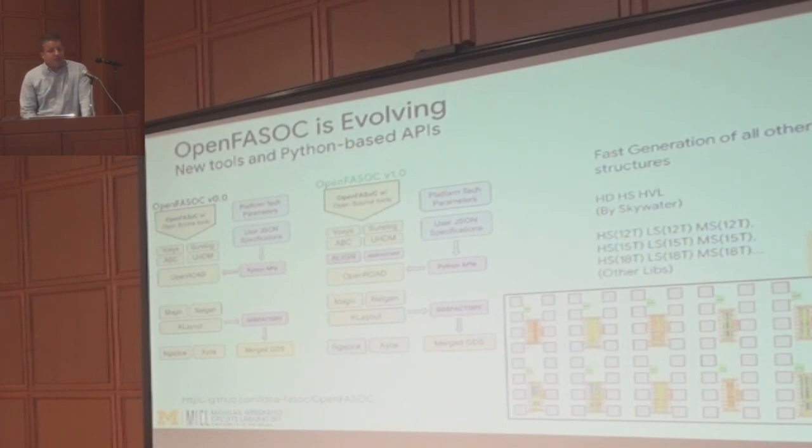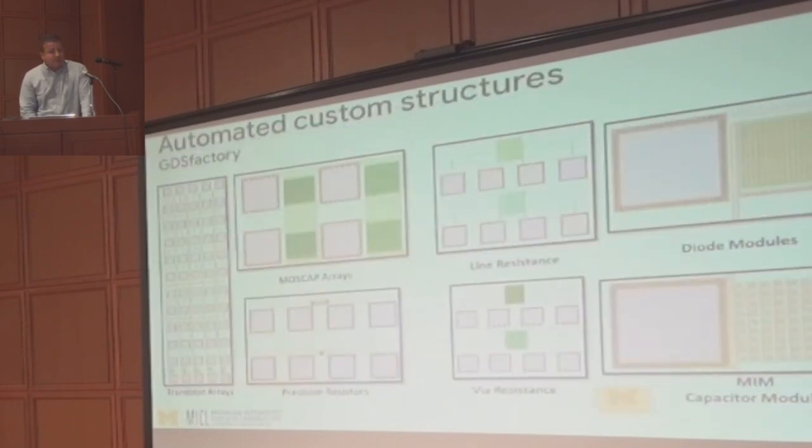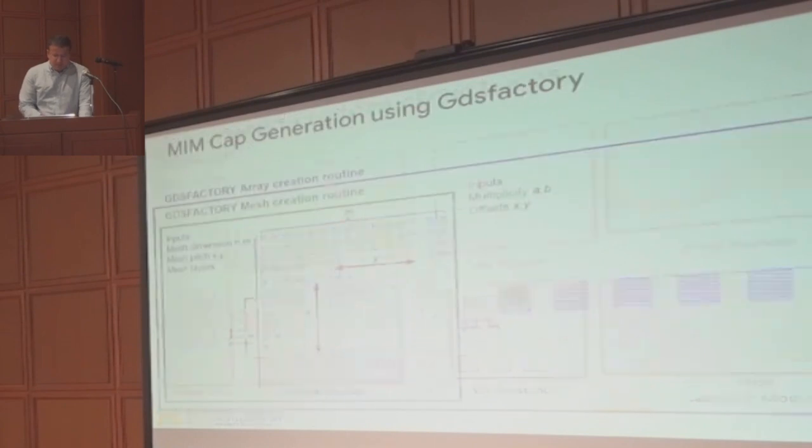But what we started doing, and it's very interesting here, we started making these customized cells, right? So we can do arrays, diagonal arrays, line resistance, which is like a snake protein, and those are very interesting layout features that you can use for another layout.